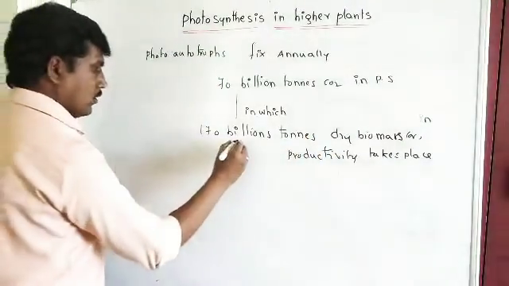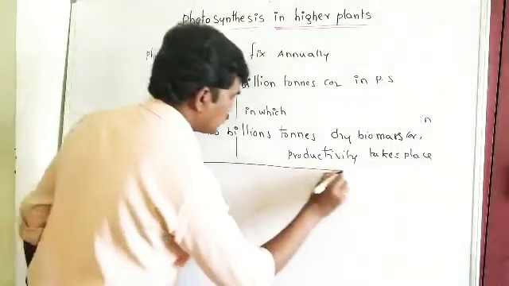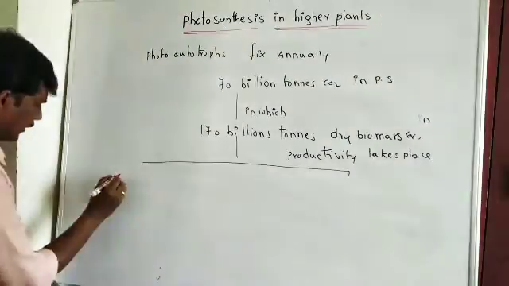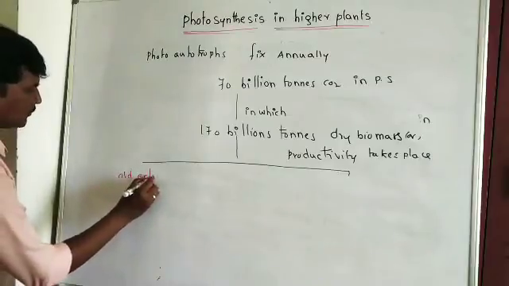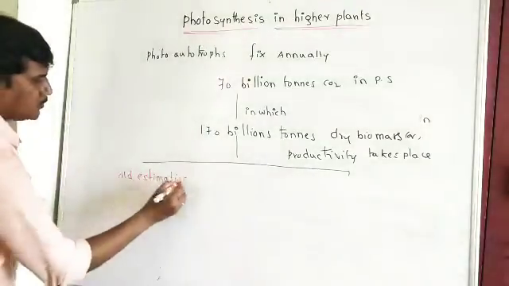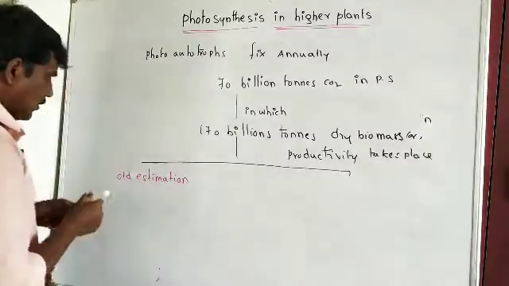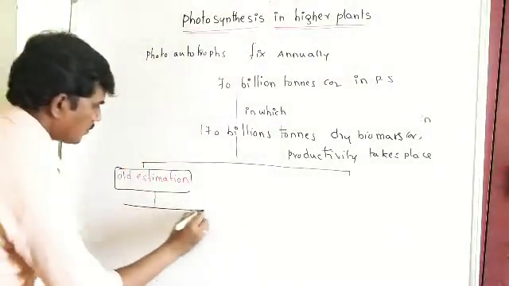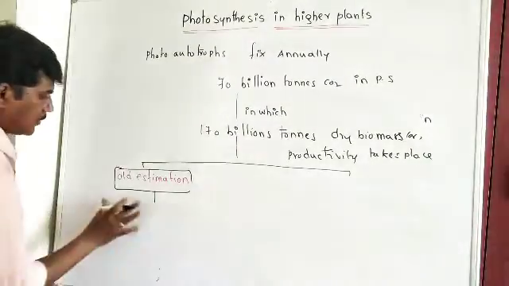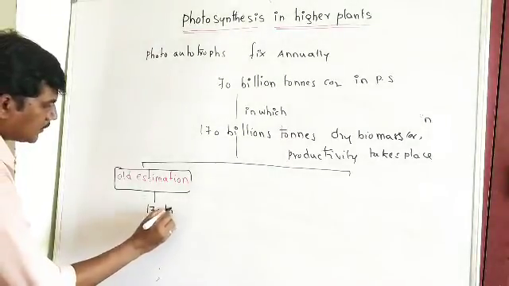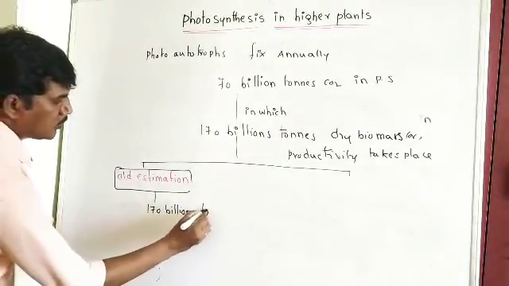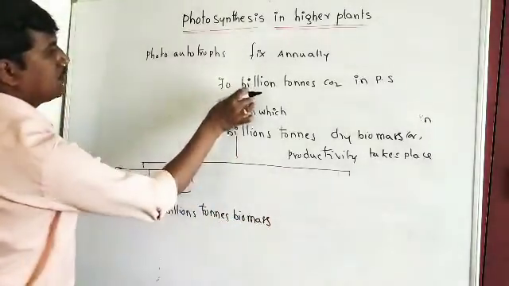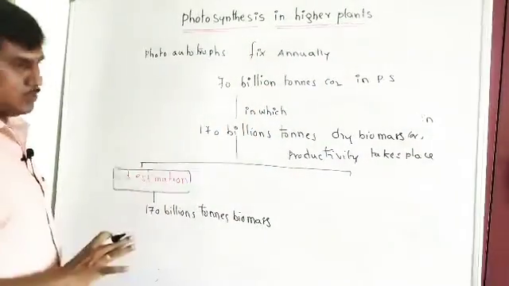Very important, out of 170 billion tons, as per the old estimation, I told you 70 billion tons of biomass is formed from the 70 billion tons of carbon dioxide during photosynthesis process.